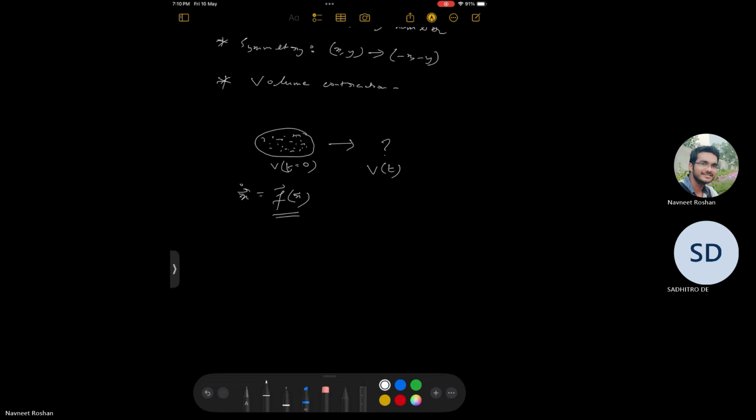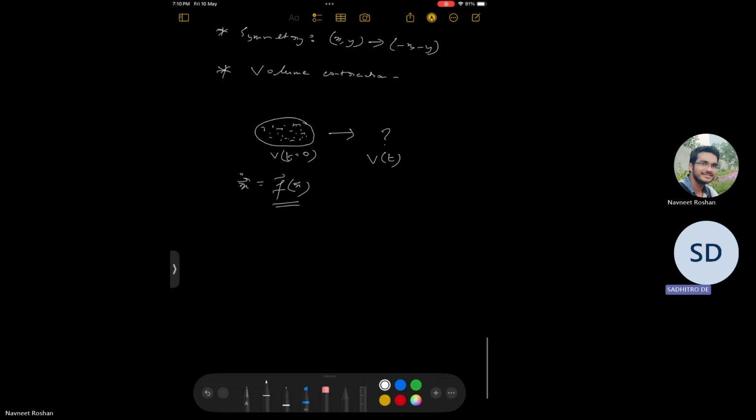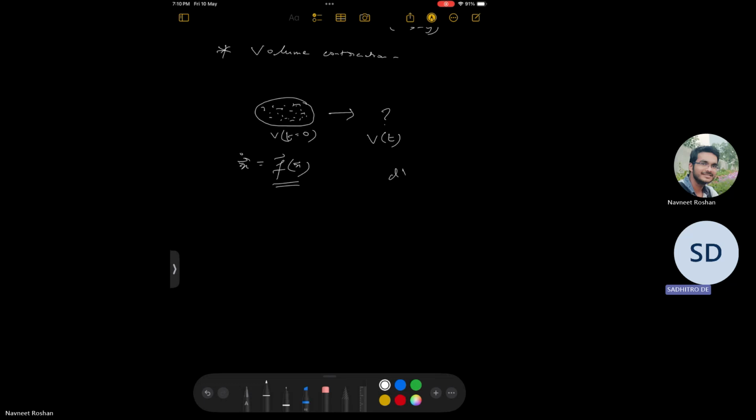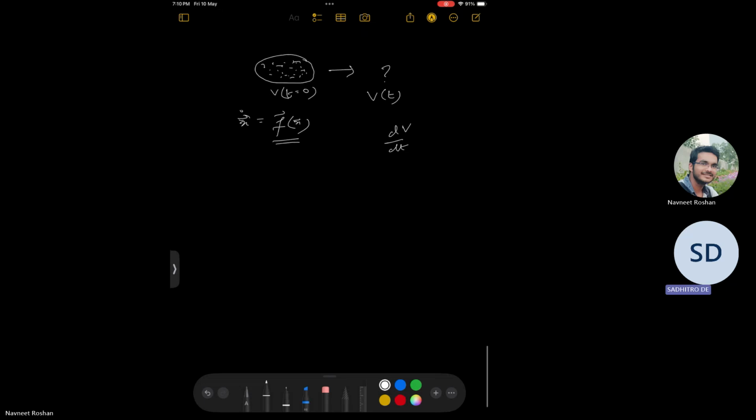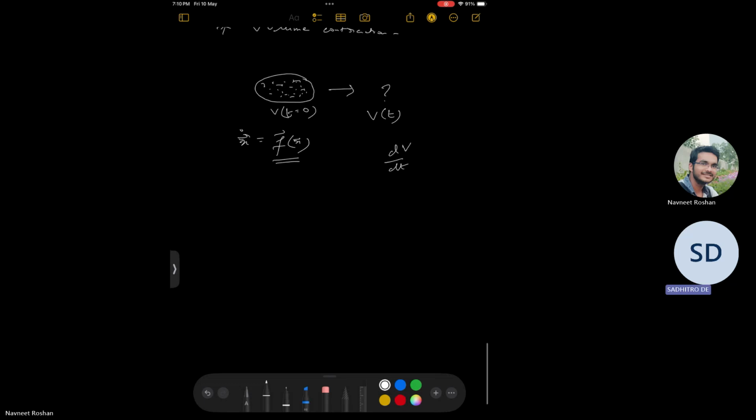So to see what the equation of the volume looks like, basically you have to find out what dV/dt looks like, the rate of change of volume with time. If this is positive, then the volume swept out by these initial conditions would increase with time. And if it is negative, then the volume of these initial conditions will basically contract. Okay, so let us take a look at it.